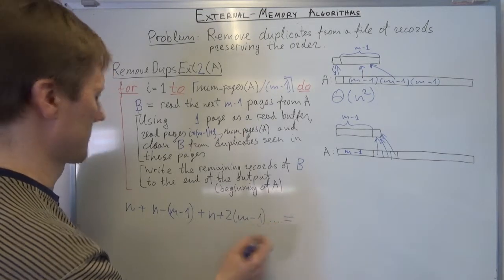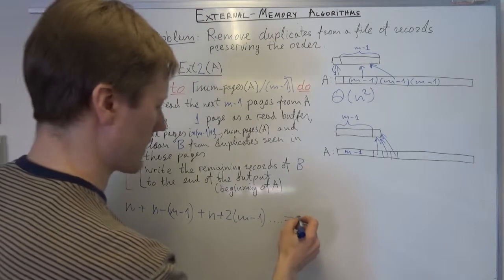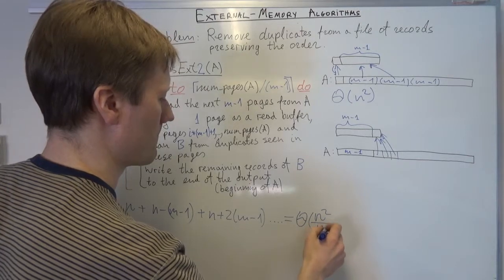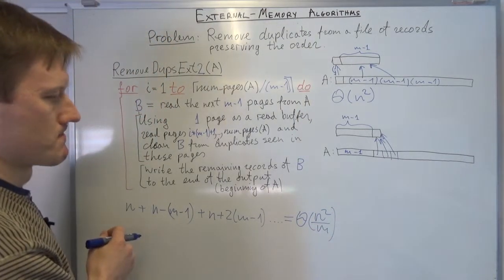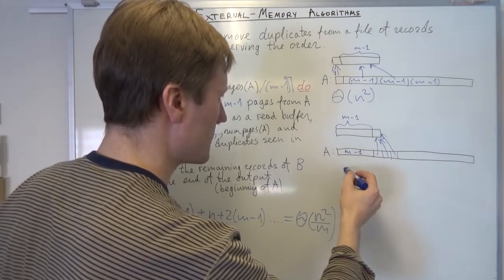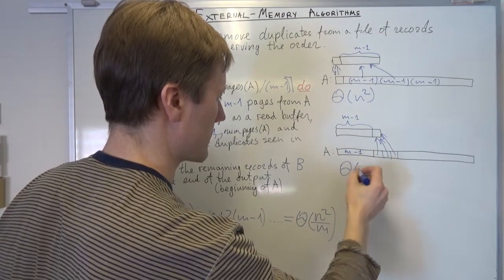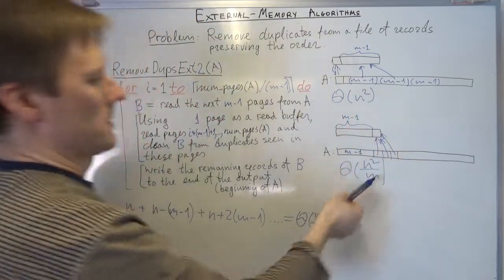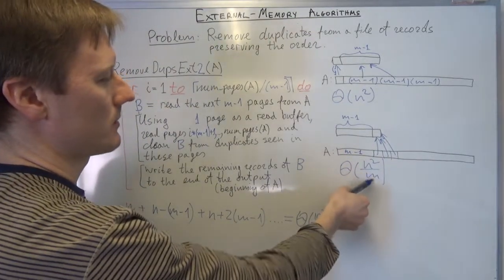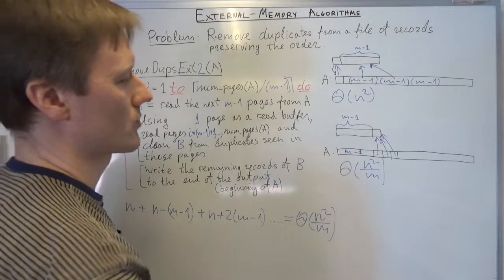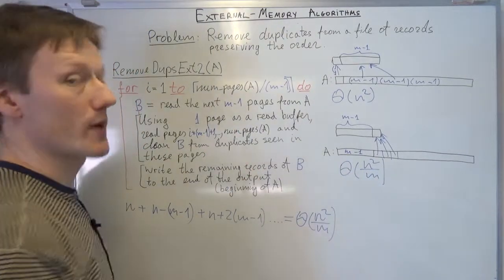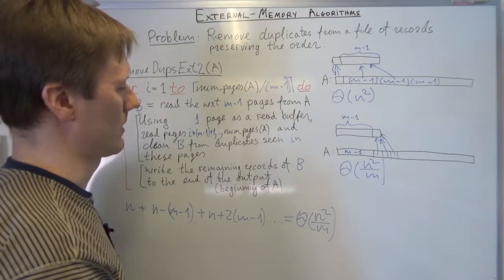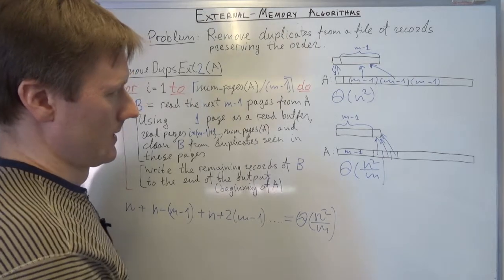And so that sums up, easy to see, to asymptotically n squared divided by m. So this algorithm has a running time of n squared divided by m. It uses the available main memory to reduce the number of IOs that need to be done. So this is the correct way of porting this simple nested loop main memory algorithm to external storage.